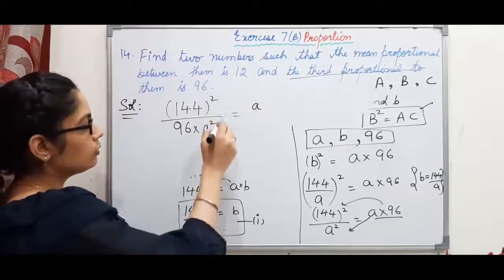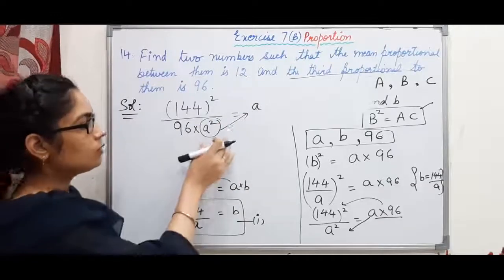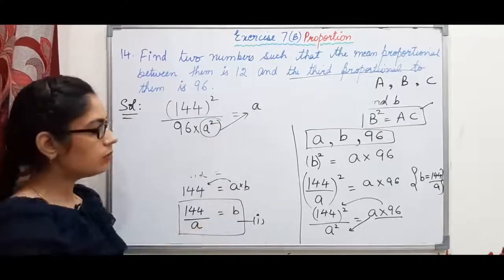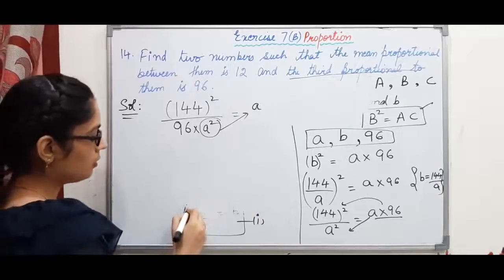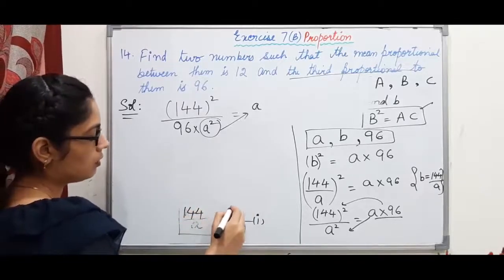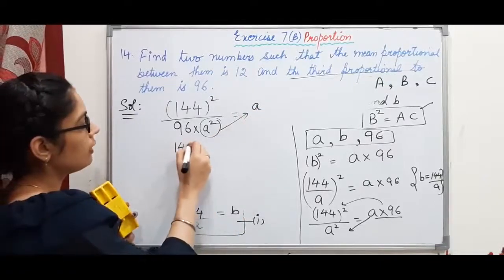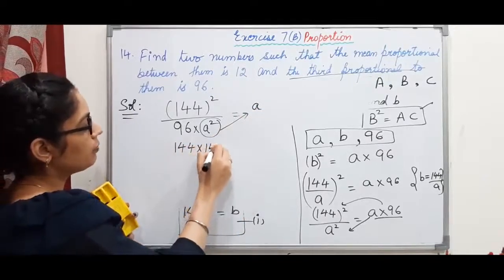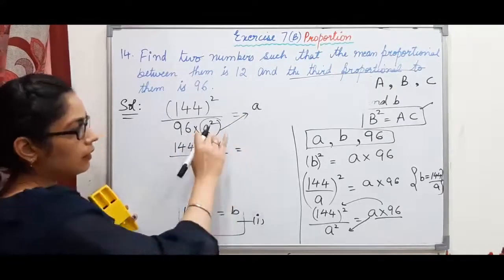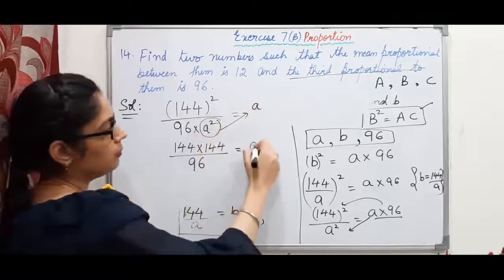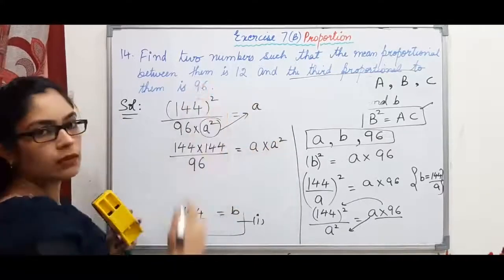So this A also we can shift to the other side. Since it is in the denominator, you can remember that if we change its side, it will go to the numerator. So 144 square I can write as 144 by 144, 96 as it is, and it will be multiplied by A on changing the side, because here it is in division form.